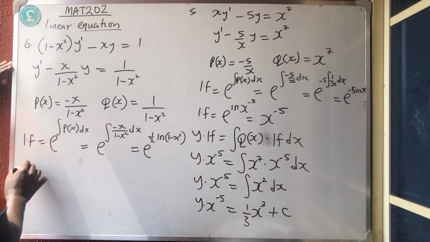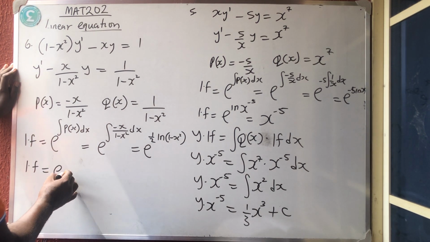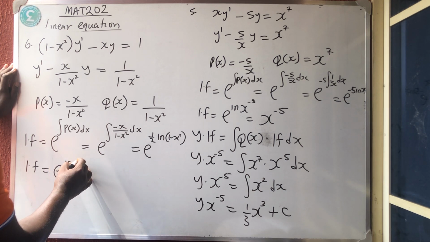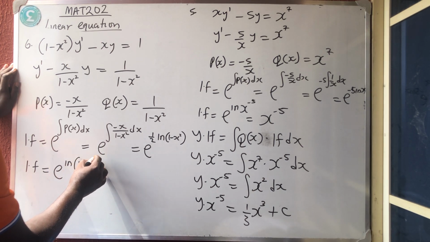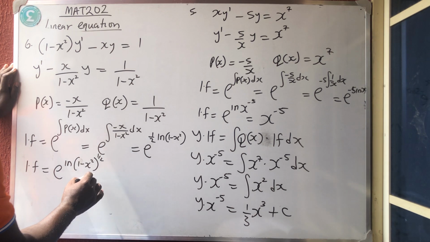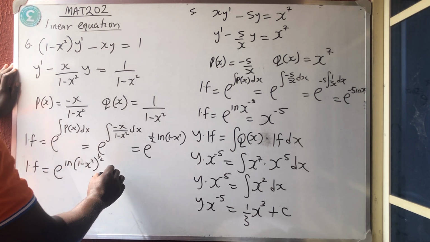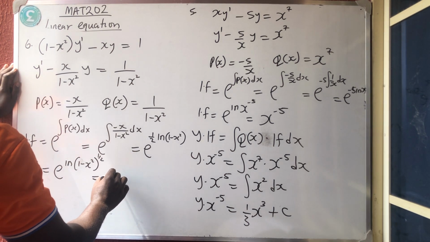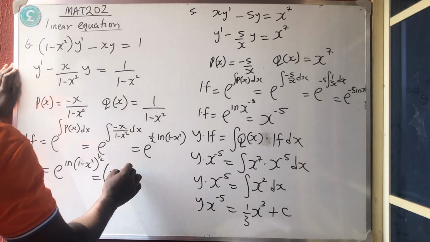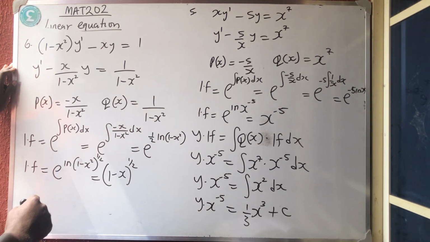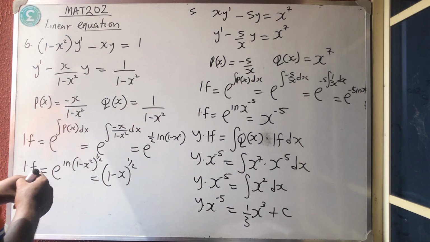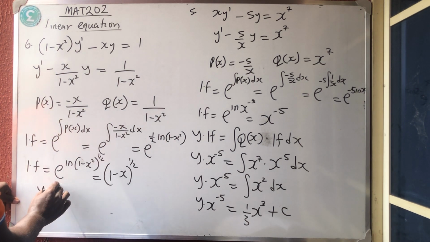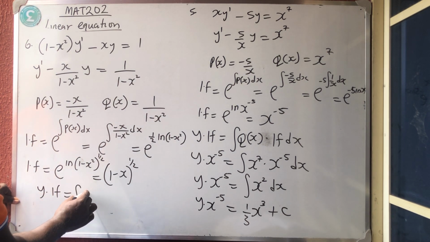So my integrating factor is now e raised to power ln (1 minus x squared) all raised to power 1 over 2. Ln is opposite of exponential, so I'm left with (1 minus x squared) all raised to power 1 over 2.